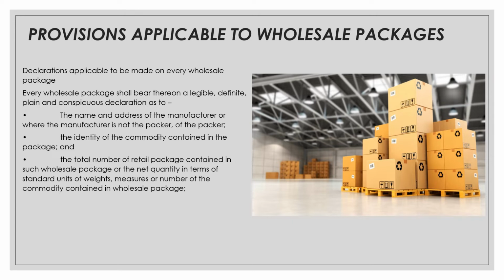If the manufacturer is not responsible for the packaging, then it should provide the name and address of the packer, and the identity of commodity contained in the package. So what is inside the package? It should mention details of that.